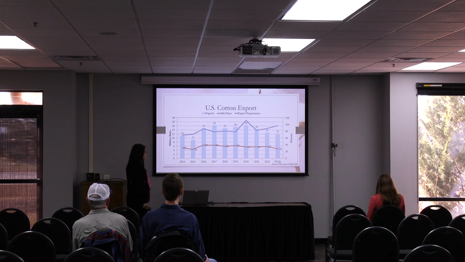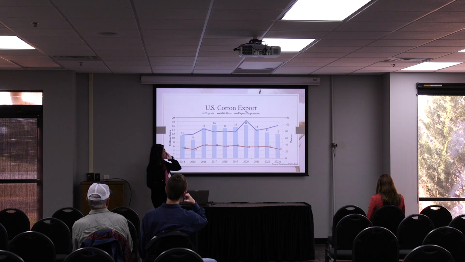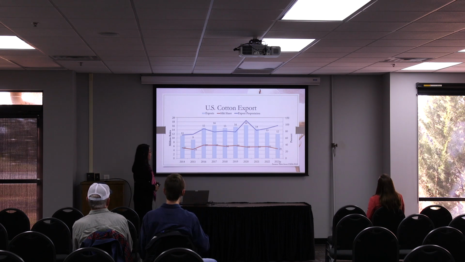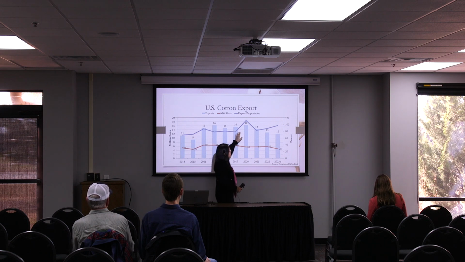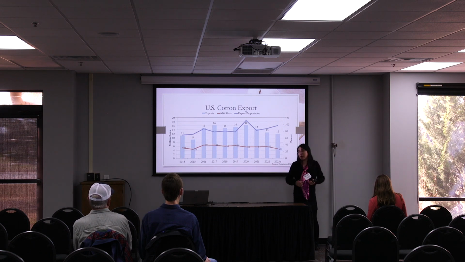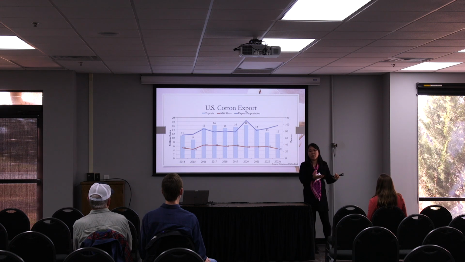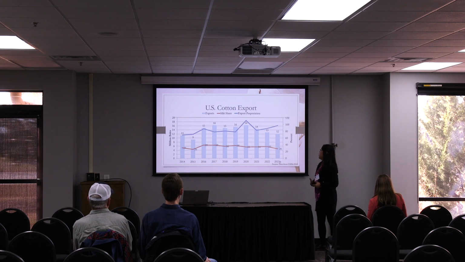So the current 2023 marketing year is projected at 12 million bales compared to last year's 2022 crop at 30 million bales. And because we have lower production, we have lower export numbers, and our proportion of export to production rises. It's over 100%, so we are exporting more than we produced last year.